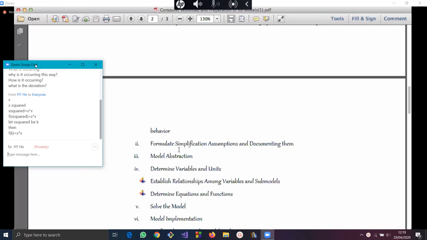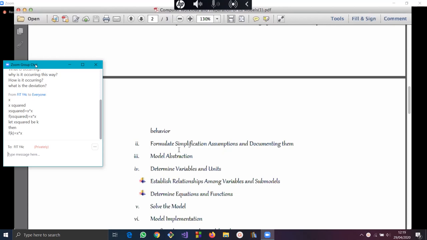The simplest way is, how do I obtain one variable from the starting point? That's number one. Number two, if I have a particular model, what are the techniques for solving that equation?